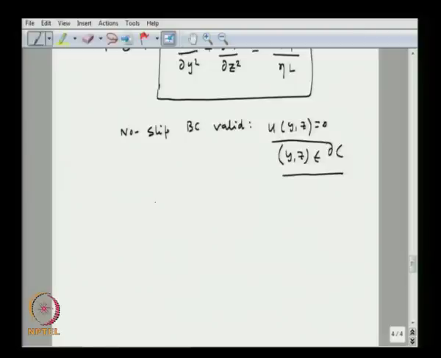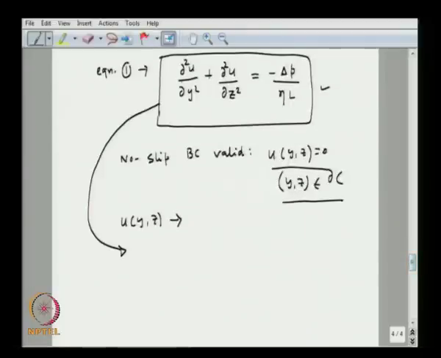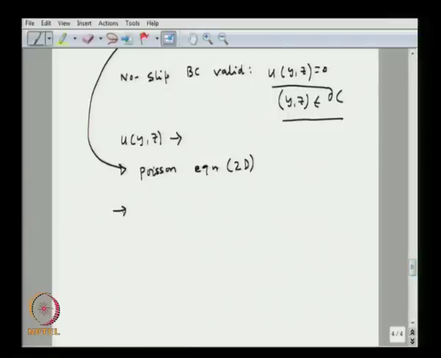So, in that case we can write the expression for the velocity. So, u of y, z can be written, and this equation is basically a Poisson equation, right. So, this is a Poisson equation in 2D, and we can obtain a general solution using the Dirac notation.